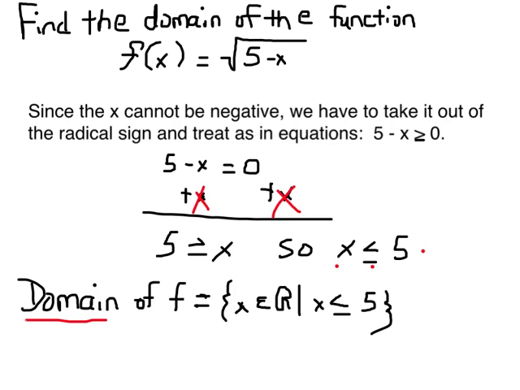The domain of f is, this is how you read this: x is a member of the set of real numbers such that, and then you put in what we had here, your outcome. x is less than or equal to 5. You can find this wording in your book, but I'm just trying to make it a little bit plainer for you.